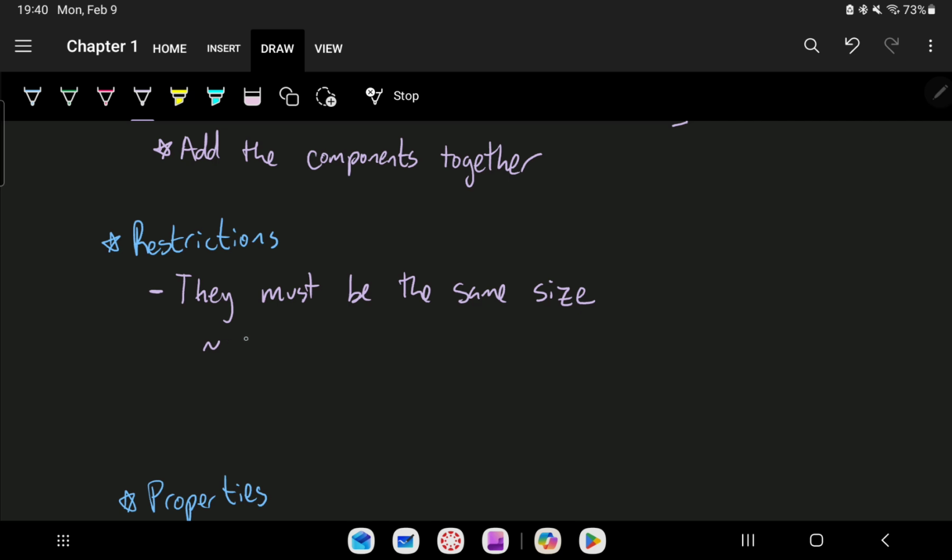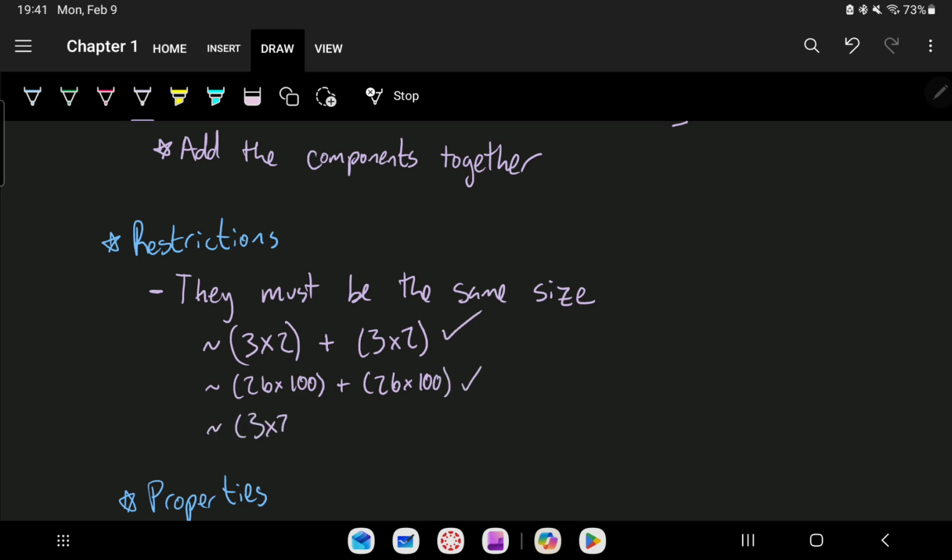So we can have a 3 by 2 plus a 3 by 2. That's fine. You can have a 26 by 100 plus a 26 by 100. That's all fine. But 3 by 2 plus a 2 by 3 is a no. We don't want that.